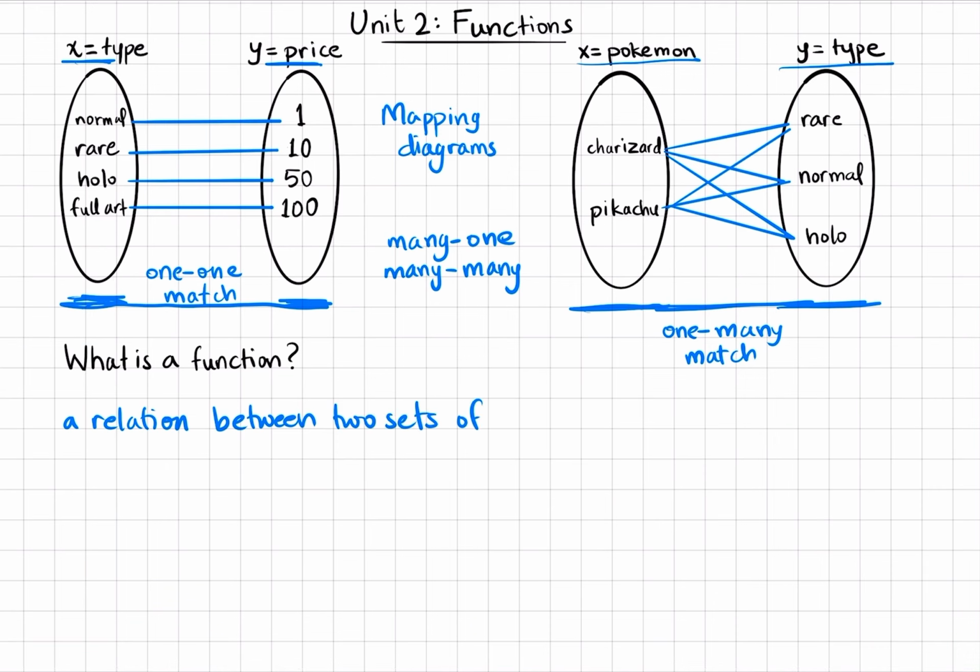Okay, so just like we were discussing now with mapping diagrams, with these diagrams, but only for one-to-one diagrams or one-to-one relations. Okay, so functions only use this type of match. Let's look at an example to make it more clear.